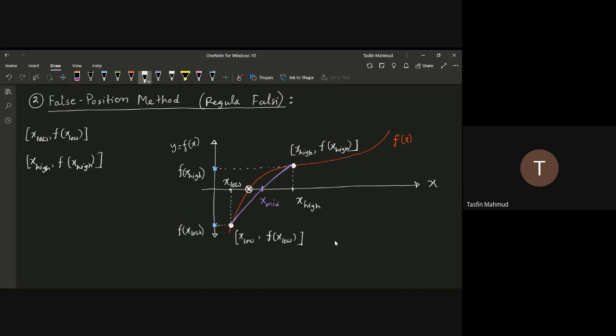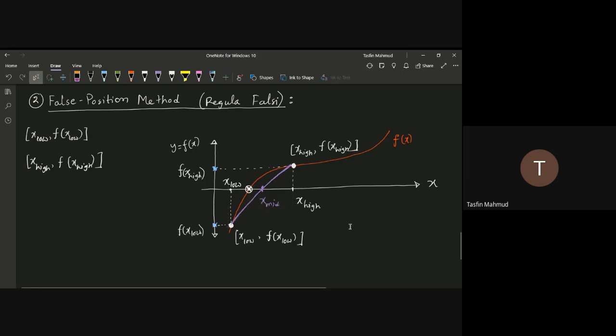If we have been given 2 points, we know how to calculate the equation of the straight line. So we can form a straight line, and then from it calculate the x mid value. The first thing we can do is calculate the slope of this purple straight line.